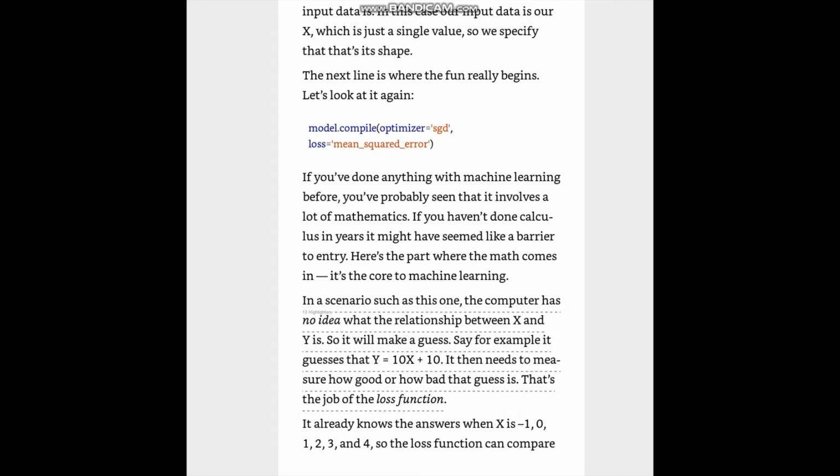So for example, let the computer guess that y is 10x plus 10. That means that now it has to check how good or bad its guess was, right? It's kind of a hit and trial method. So when you have guessed that y is 10x plus 10, you will be putting in all the values that you already have for x and y to see if this whole equation y is 10x plus 10 holds or not, right?